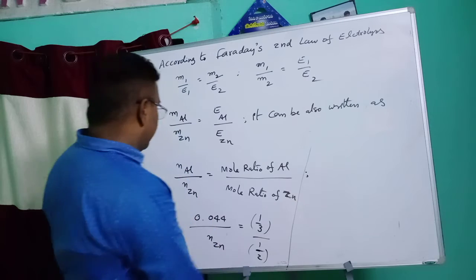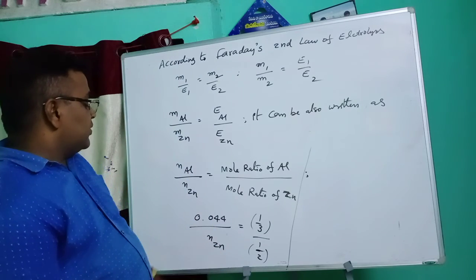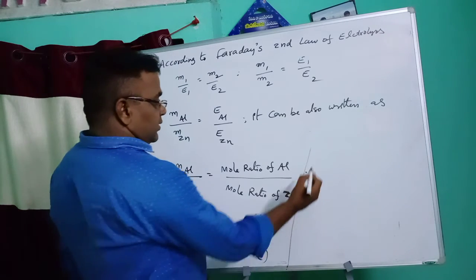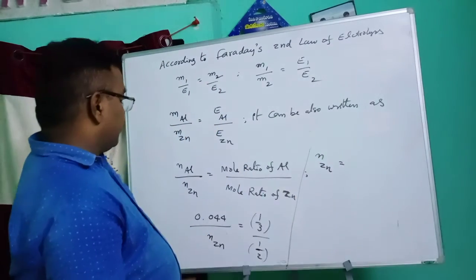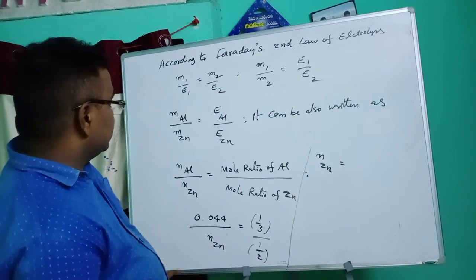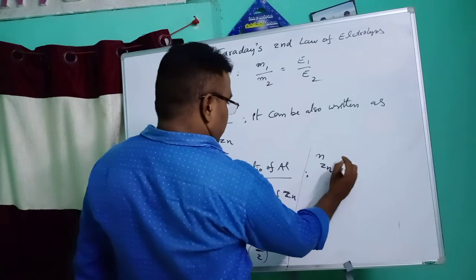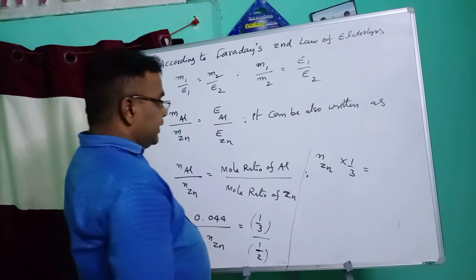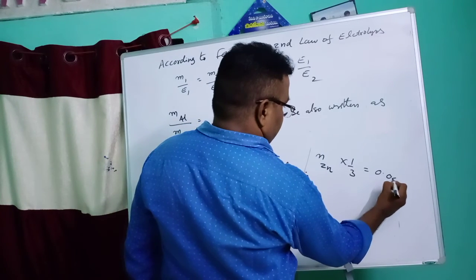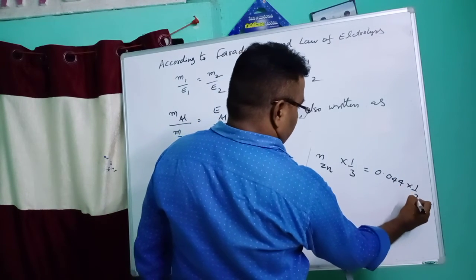So finally we have to calculate the number of moles of zinc, nZn. That is, nZn into 1 by 3 is equal to 0.044 into 1 by 2.